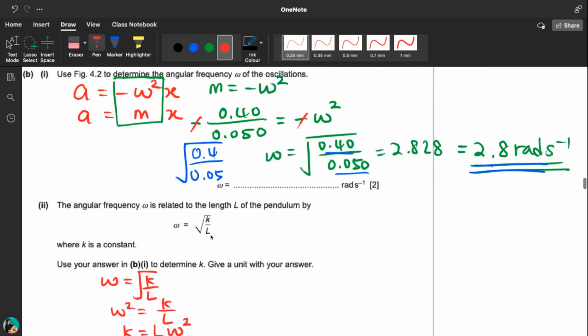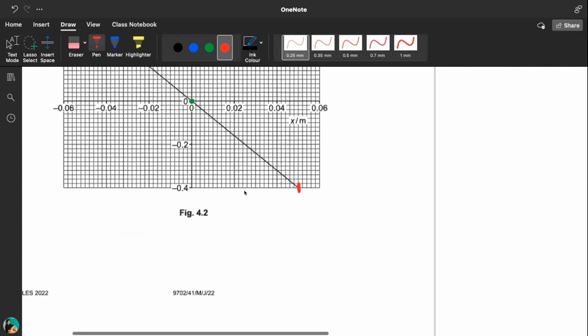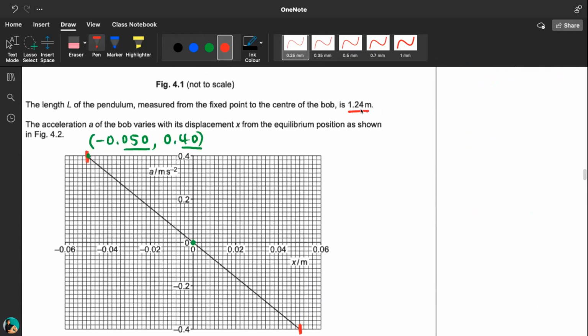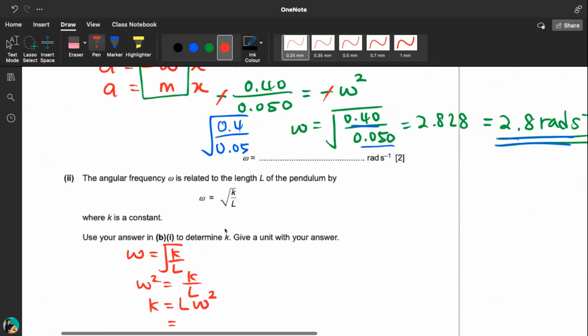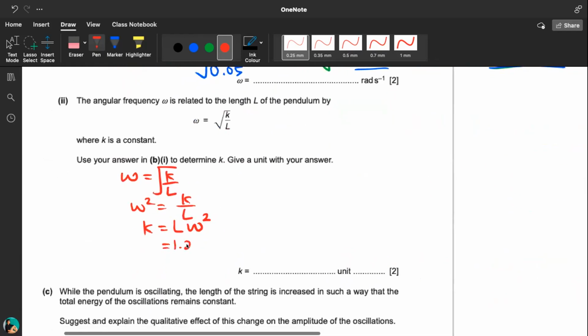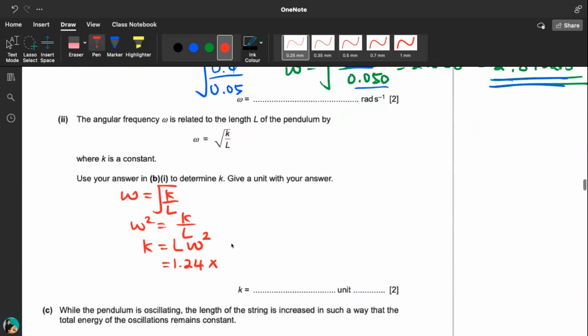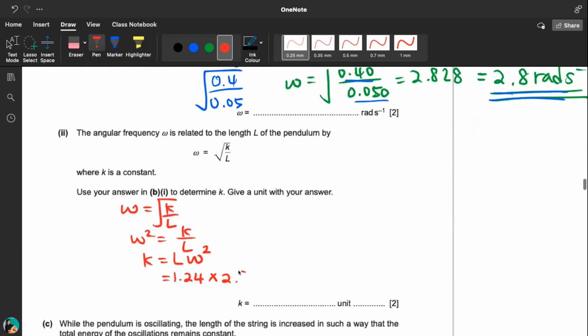Length from the question is 1.24. It's 9.7. And what's the unit?